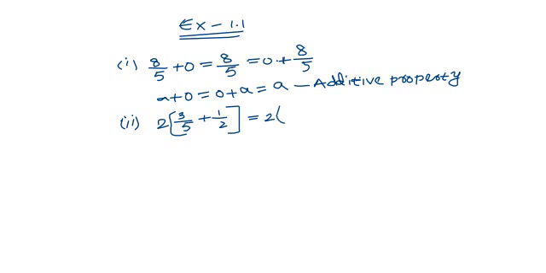So how is it? a of (b plus c) is equal to a into b plus a into c. Does it look like this or not?